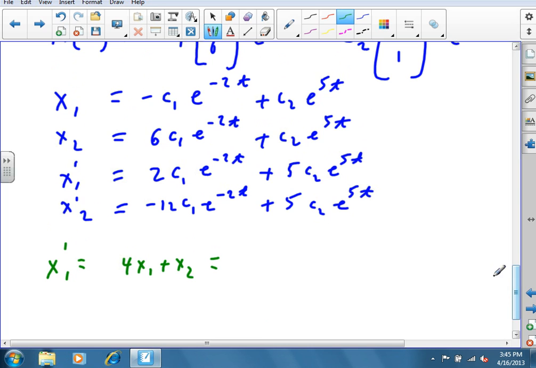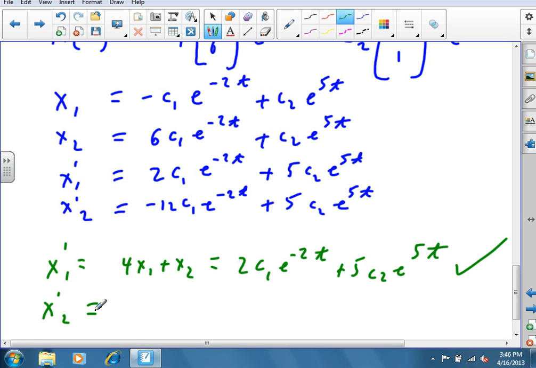So that's minus 4 plus 6 gives me a 2 c1 e to the minus 2t. 4x1 gives me 4 plus another 1 gives me 5 c2 e to the 5t. Check.